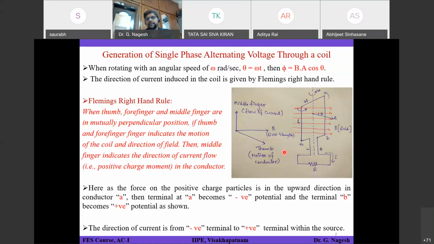Current is flowing from bottom to top in conductor A and from top to bottom in conductor B.